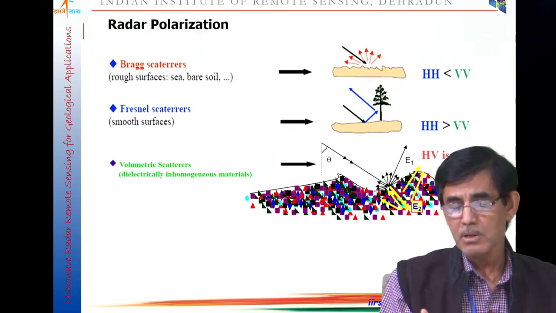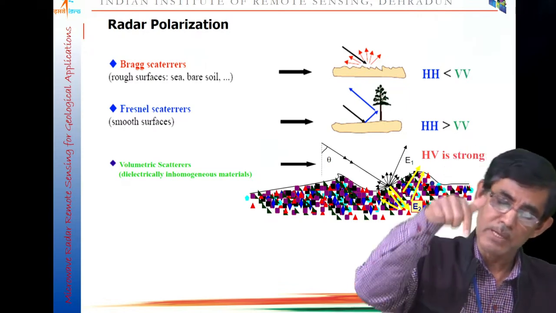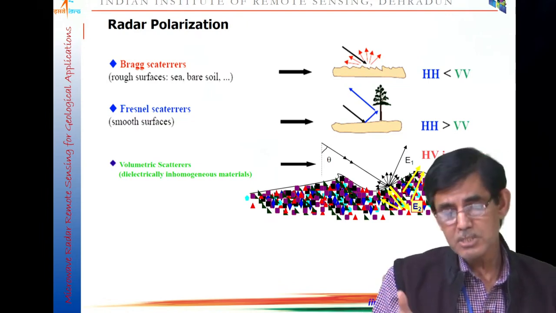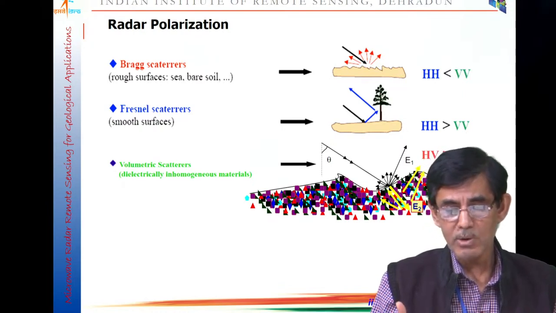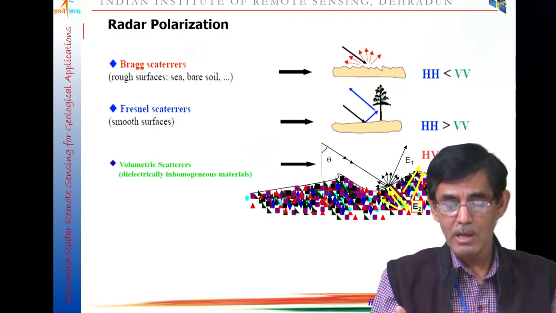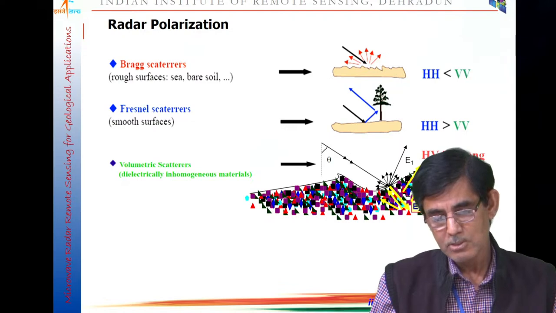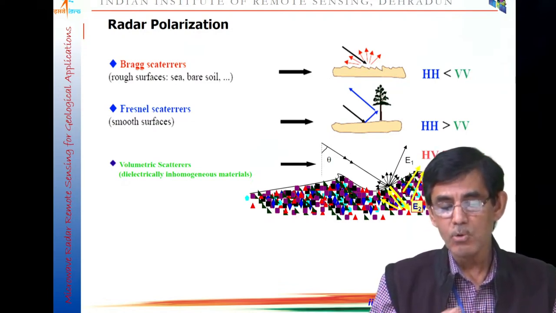When the material has a low dielectric property, the radar wave can easily transmit through the material. But if the material has high dielectric property, that means it is wet, then an electrical field will be generated and the radar return will be very, very high. So in such cases, the area will look bright.